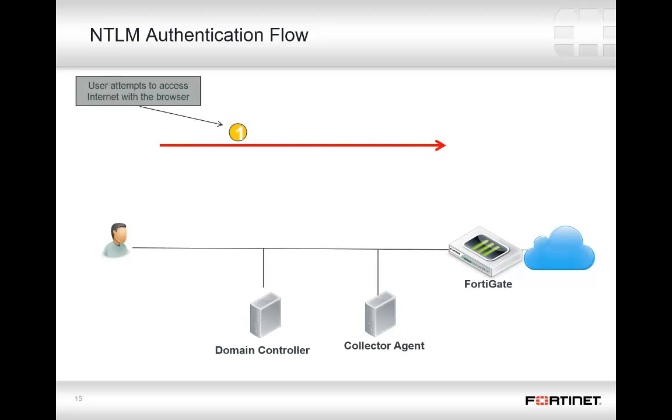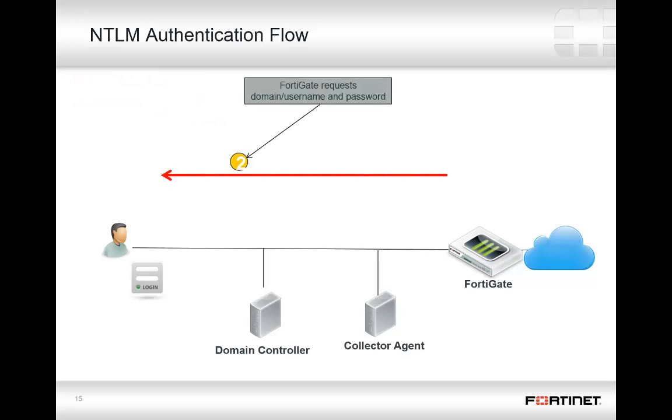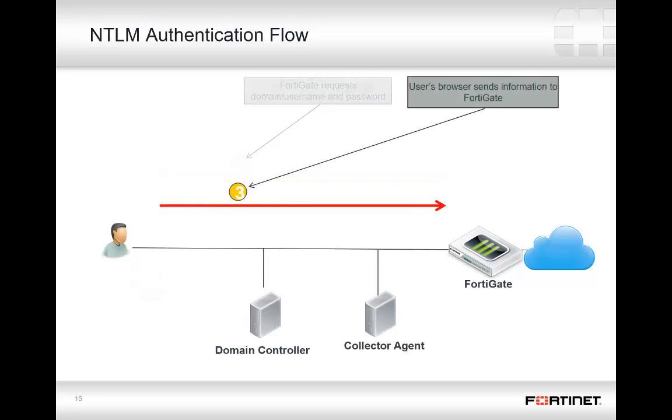As mentioned before, the process is triggered when FortiGate receives traffic from an IP address that doesn't exist in FortiGate's list of currently authenticated FSSO users. FortiGate then replies with an NTLM challenge to the user's browser requesting credentials. The user enters their username and password.